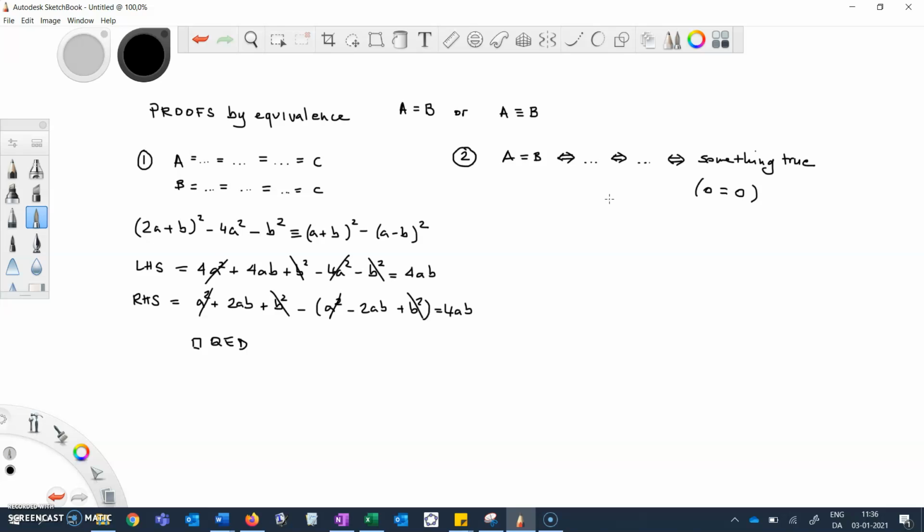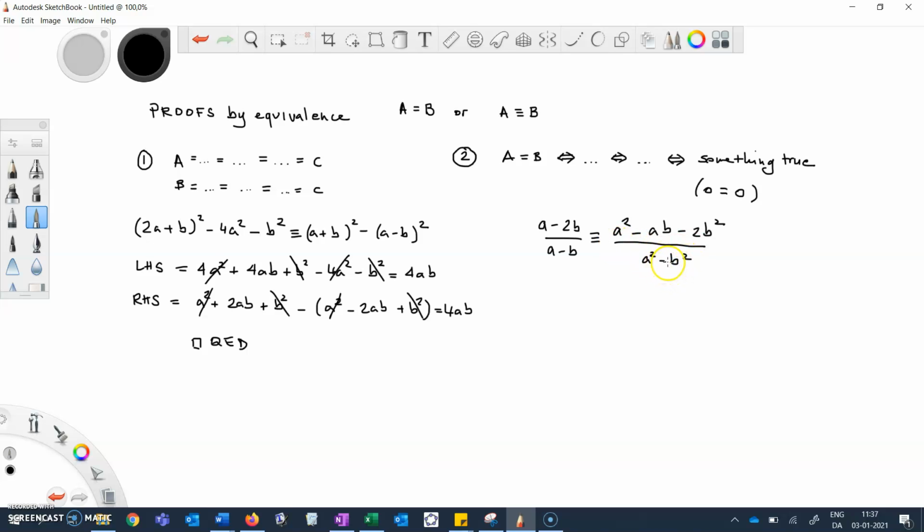Now, the third method, reaching something true, can be seen in this example. I have an identity that says that (a minus 2b) divided by (a minus b) is equivalent to (a squared minus ab minus 2b squared) divided by (a squared minus b squared).